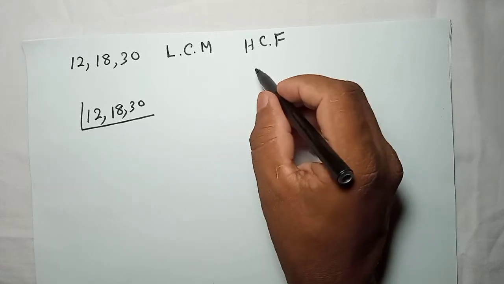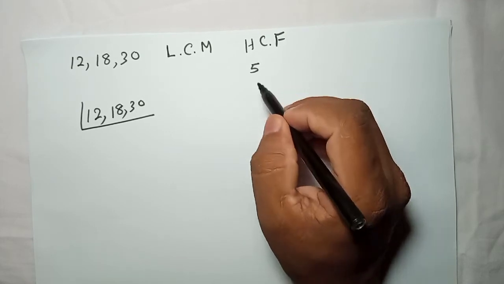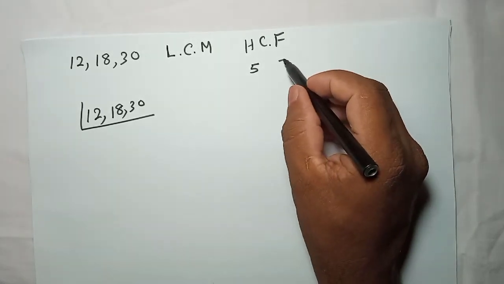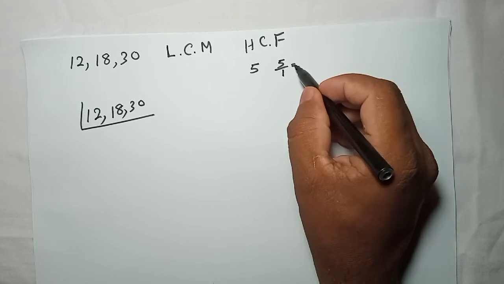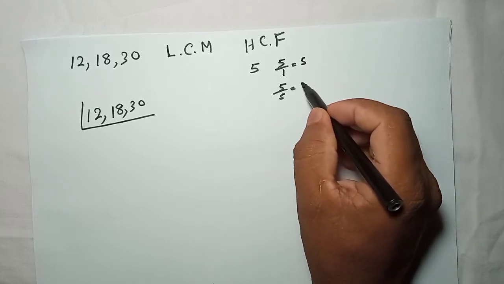So if I explain that also, now think 5 is a prime number. 5 you can divide by 1, answer is 5, or 5 you can divide by 5, then 1.